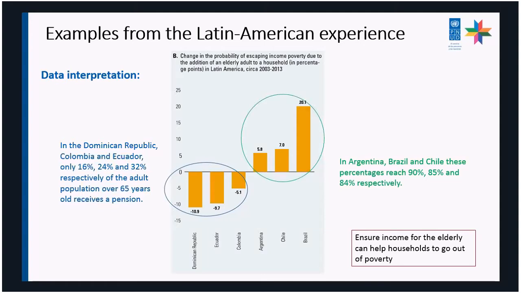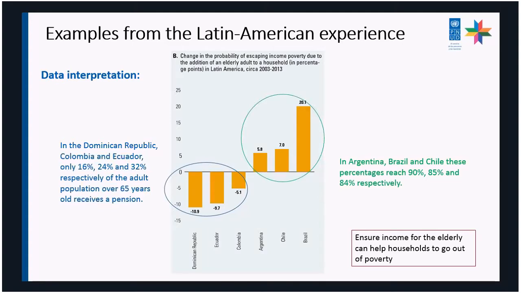So, in terms of data interpretation, here are some examples taken from the Latin America report. This and the next slides will show you some data interpretations. For instance, the current slide shows the probability of moving out of poverty.